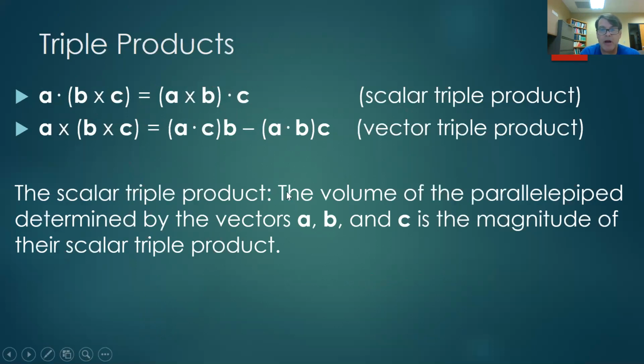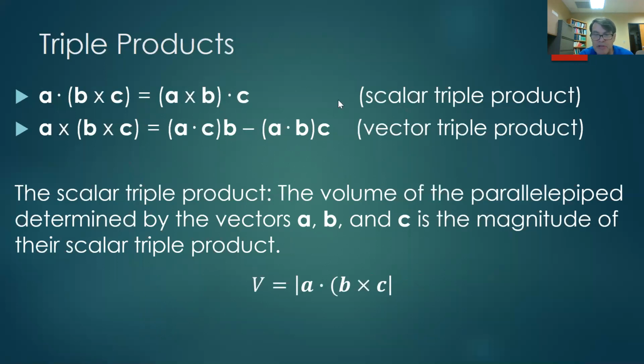The volume of a parallelepiped, which is a three-dimensional parallelogram, I have a diagram on the next page. The volume of a parallelepiped determined by the vectors A, B, and C is basically the magnitude of their scalar triple product. So what are we talking about here?